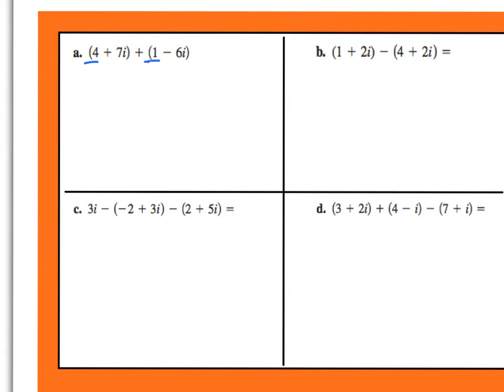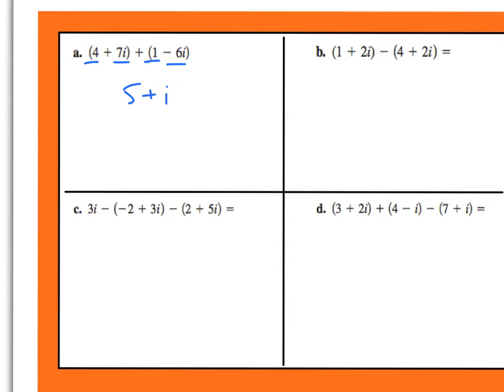What do those go to? 5. Good. And then 7i and negative 6i go to what? Just i. So I have 5 plus i. That would be the complex number of that addition statement.